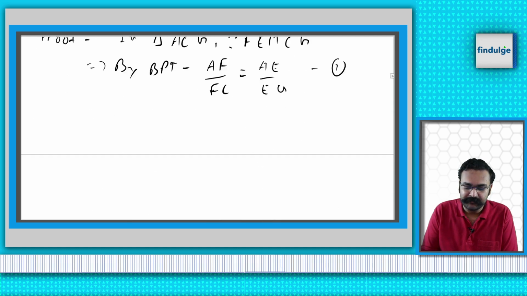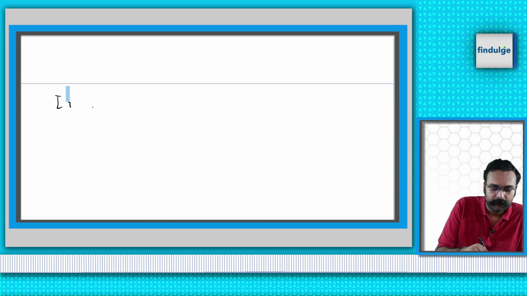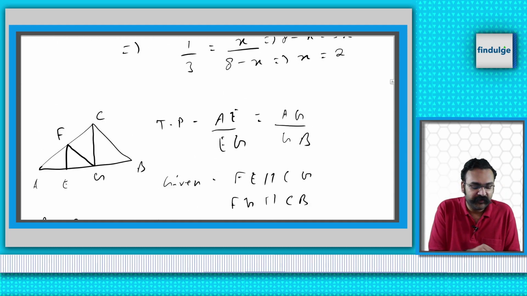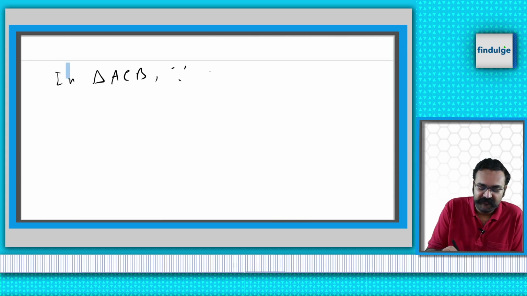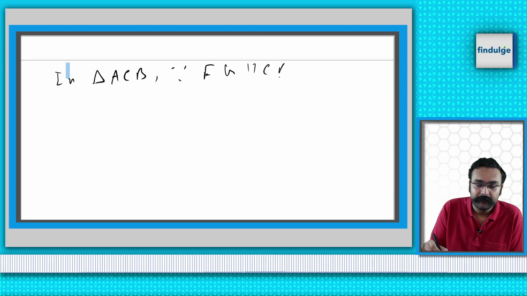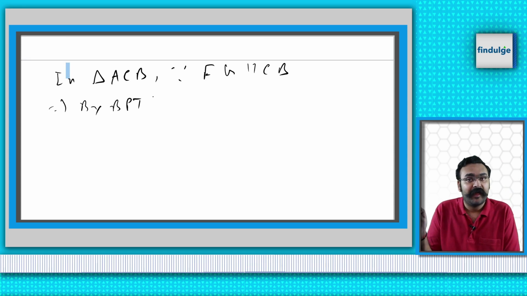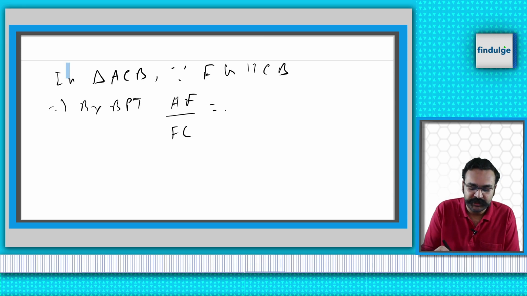So in triangle ACB, since FG is parallel to CB, then by BPT, AF upon FC will be equal to AG upon GB.